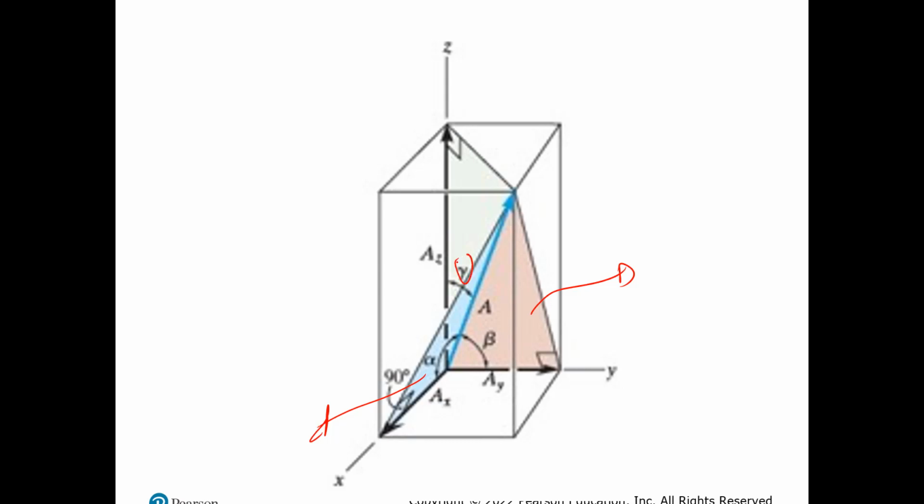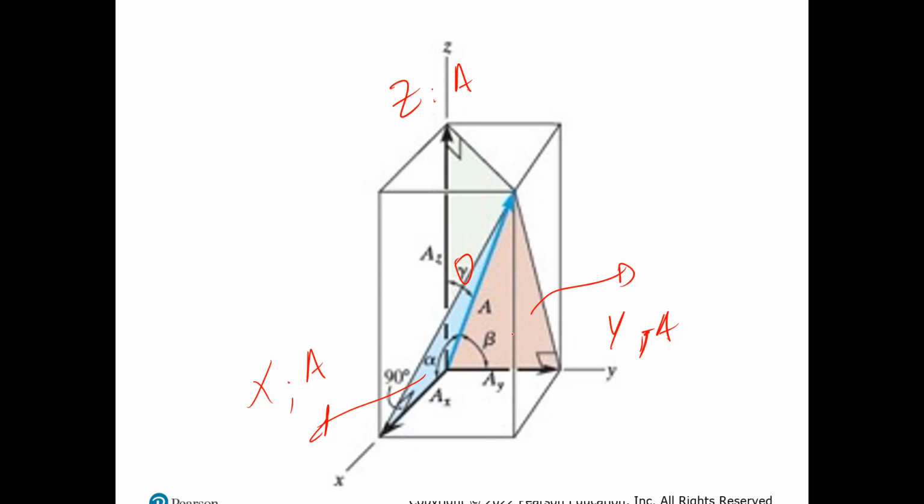So for example, this one, alpha, is the angle between the z-axis and the vector A, and beta will be the angle between y and A. Sorry, y and A, and then alpha, sorry, alpha will be x and A. At the end of the day, the key with this is that you memorize, or you try to picture, that you have 3 different planes right here in a 3D way.